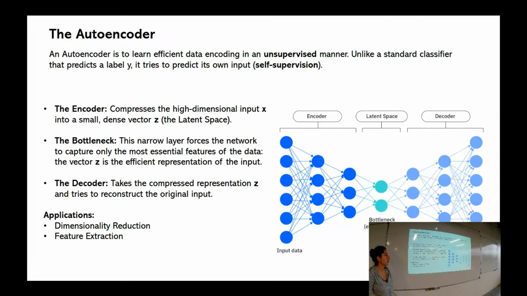Because here the network is basically compressing all the information that you need to reconstruct the input in a smaller space. So it's trying to really condense the useful features that it needs to do so. So this is used for dimensionality reduction because it's a small layer, but also for feature extraction.